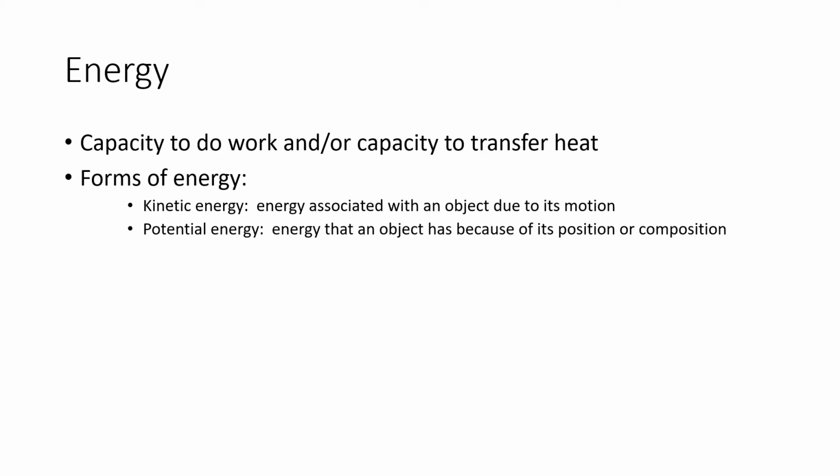So let's go back to the capacity to transfer heat. That means we're moving heat from one object to another. And it's always going to be in the direction or flow of high heat to a lower heat region until an equilibrium has been achieved.